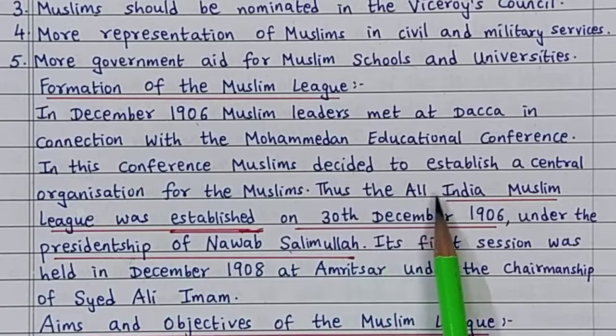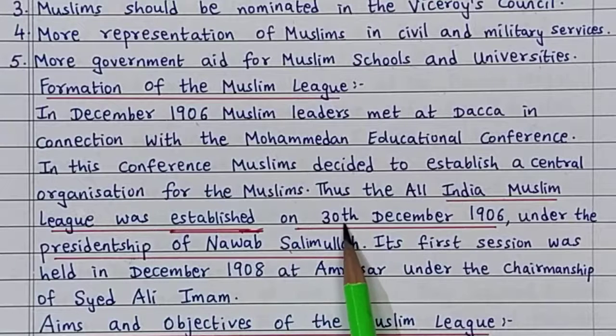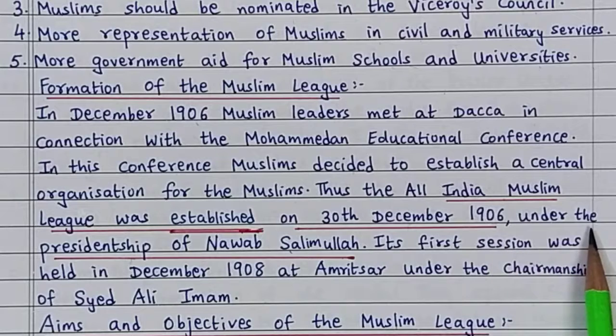Thus, the All India Muslim League was established on 30th December 1906 under the presidency of Nawab Salimullah. Its first session was held in December 1908 at Amritsar under the chairmanship of Sayyid Ali Imam.